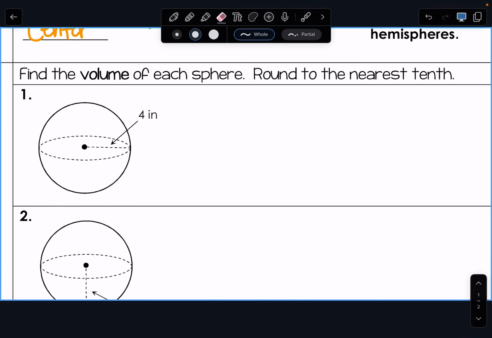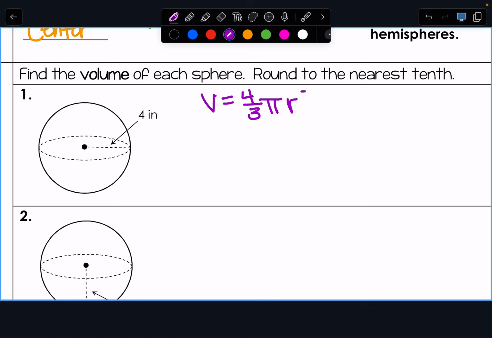So, in number 1, the first thing I want you to do is write down the volume of a sphere formula. Anytime you do a problem, I expect you to write down the formula that you are using. I'll tell you right now, on our test Thursday, there will be problems where you get a point for writing down the formula, a point for showing your work, a point for the right answer.